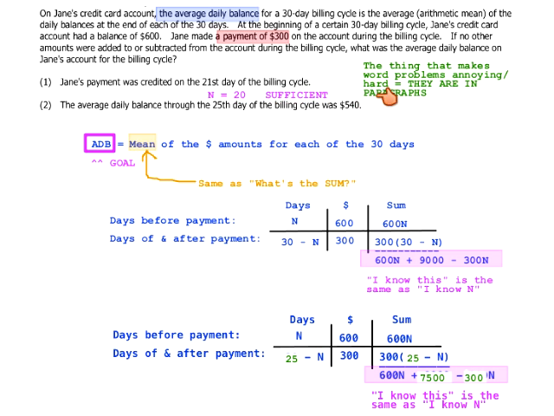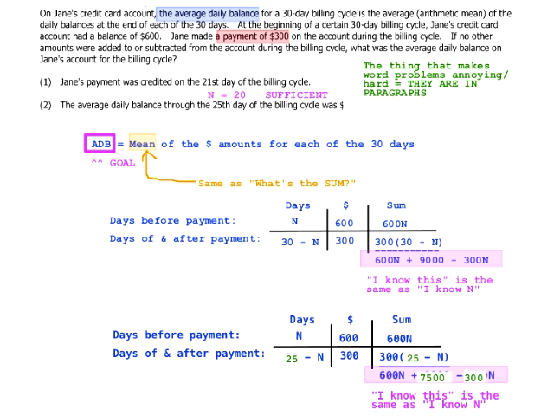Does it matter what this number is? Are you sure? Ah, because it could be 600.